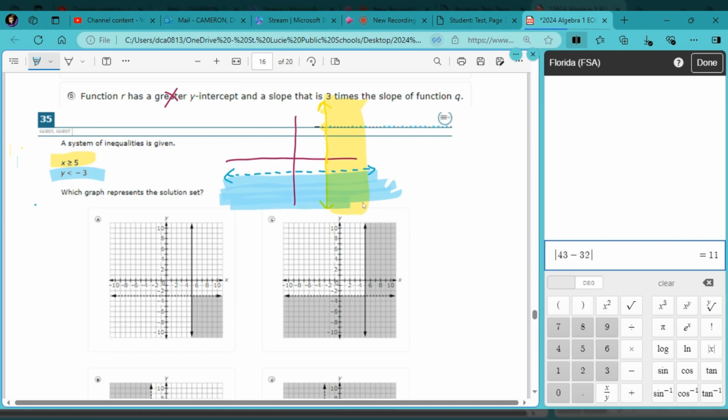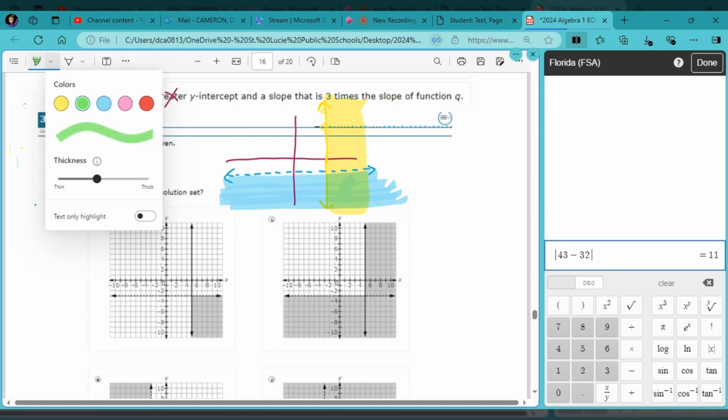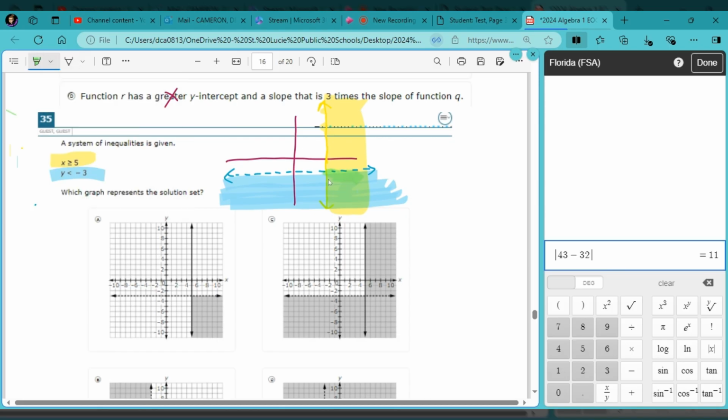And what is your answer to a system of inequalities? It's this stuff here that got shaded twice, and your lines need to be in the right spot.